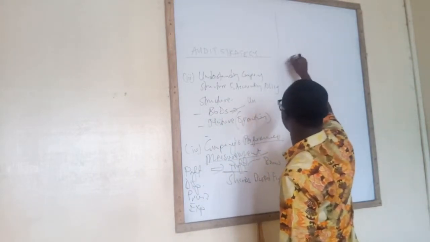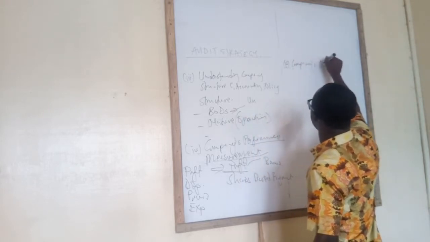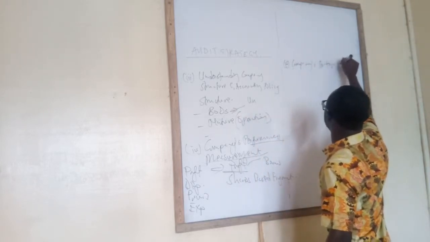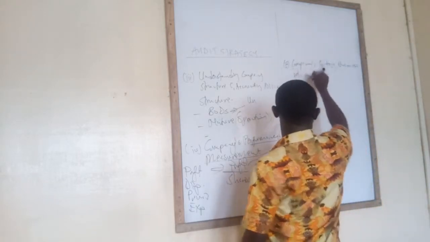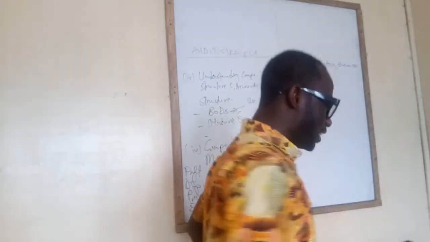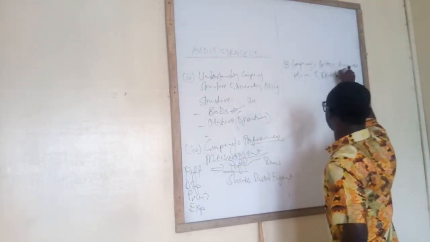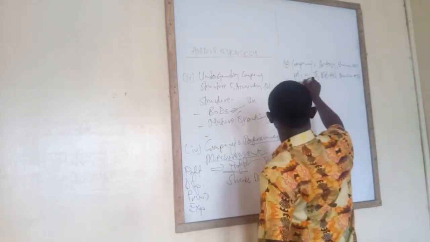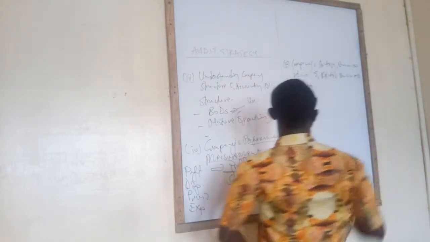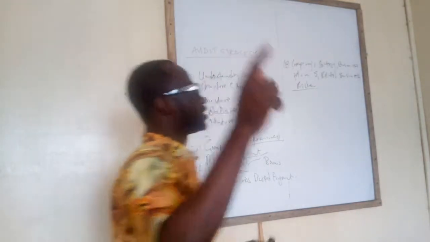So number 5: company strategy, business plan, and related business risks.